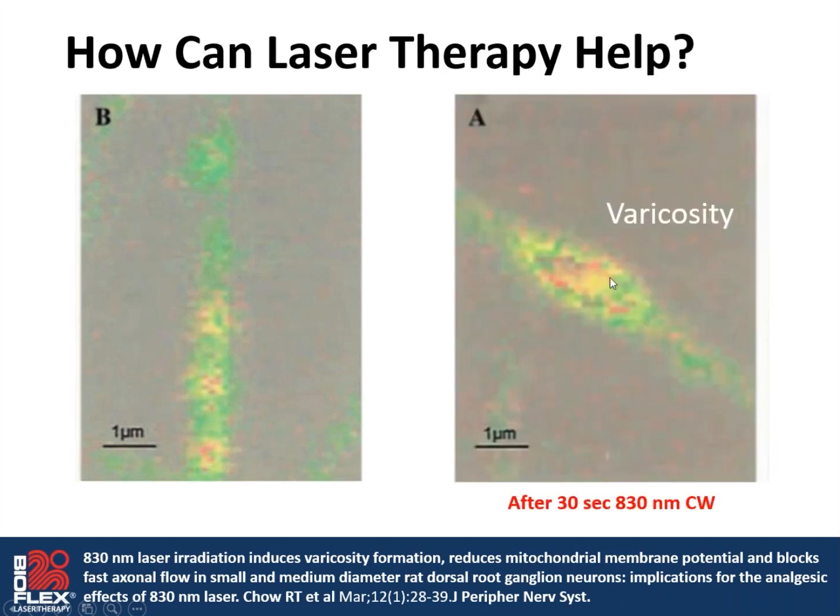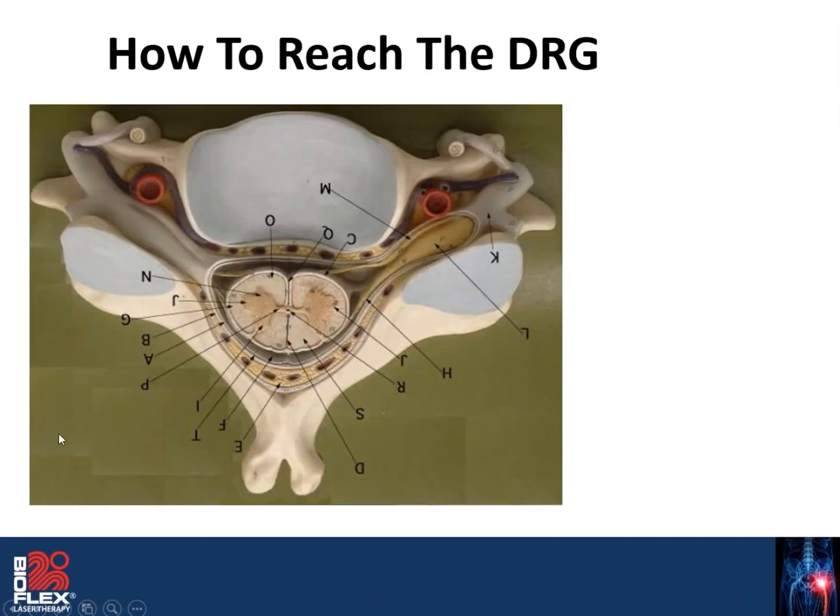It creates this varicosity, so a blockage. And this was after 30 seconds of 830 nanometers continuous wave of energy. And this varicosity is what actually will cause the temporary blockage of pain. It's not uncommon when you treat patients, they'll walk out of there going, wow, I feel great. And that's why.